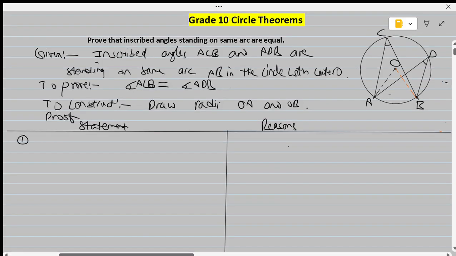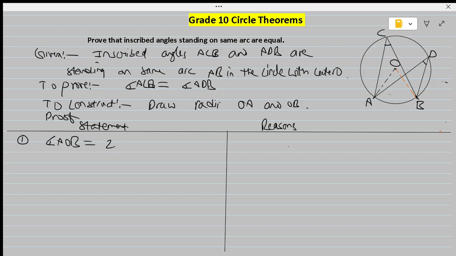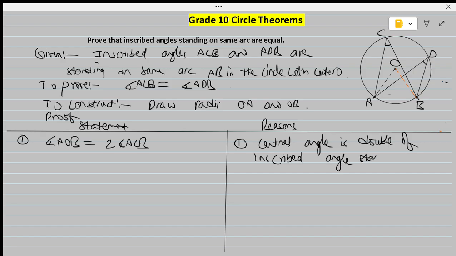So what you can say here is AOB is twice of angle ACB. So the reason we provide here: central angle is double of inscribed angle standing on the same arc.